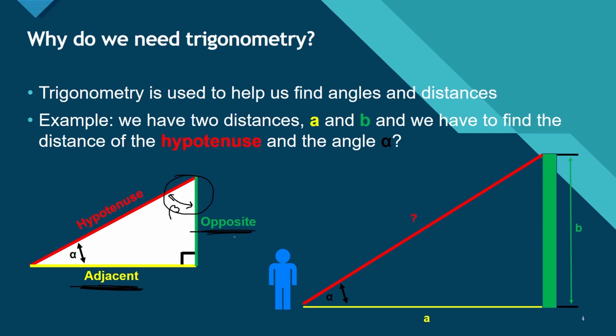Now, let's say we have two distances, A and B. We have to find the length of the hypotenuse and we need to find the angle alpha. Trigonometry helps us do this. It also helps us find the adjacent side, the opposite side, etc. You'll see how it works.